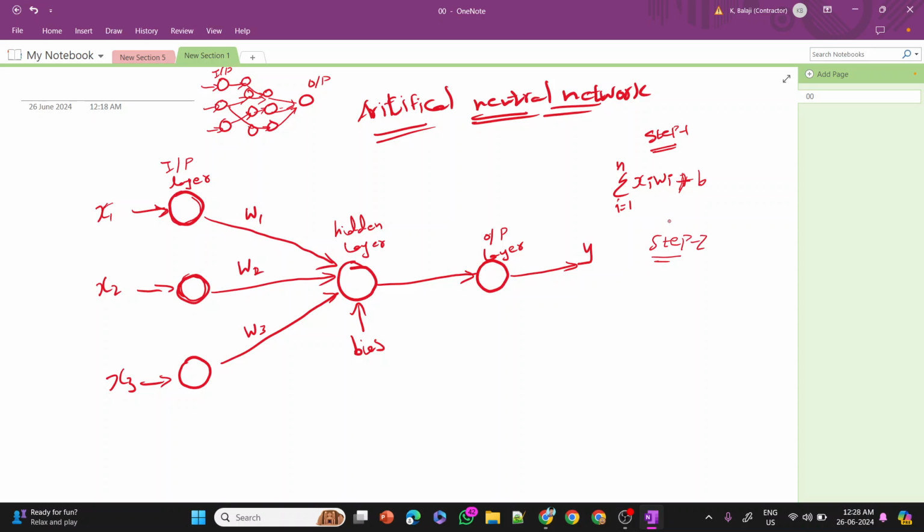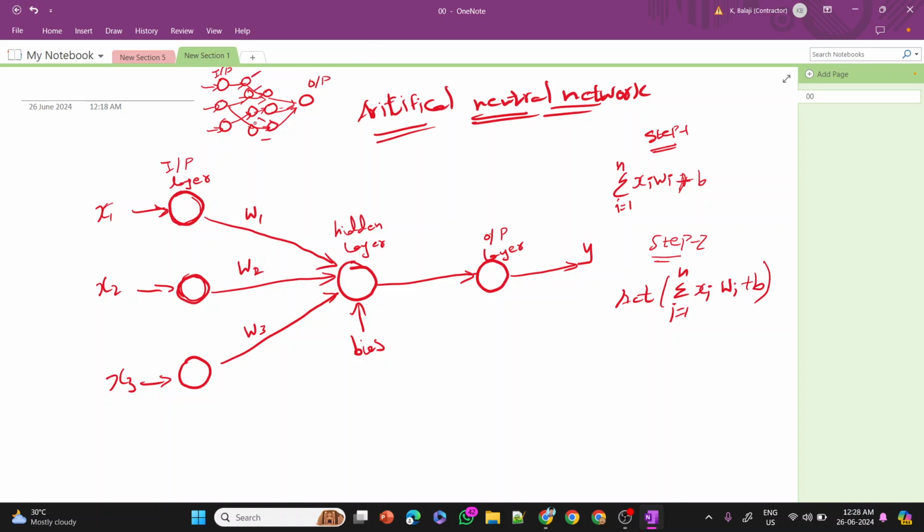Then after this summation, there will be a second step: a sigmoid activation function will be applied. There are so many activation functions. This activation function will define whether the neuron needs to activate or not. For example, here there are so many neurons.